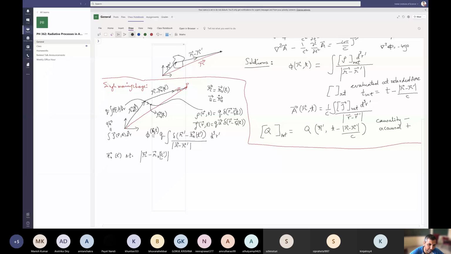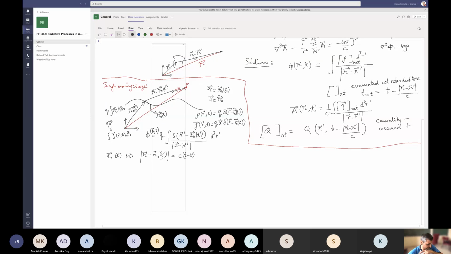At time t, the charge is here. So the distance r minus r naught of t prime is equal to c times t minus t prime. This distance is c times the light travel time from this point to this point. So this relates t and t prime.